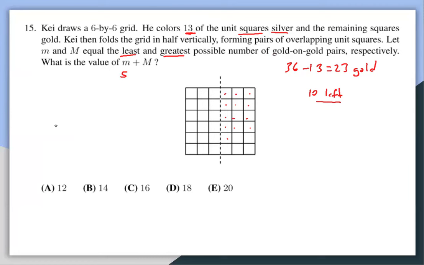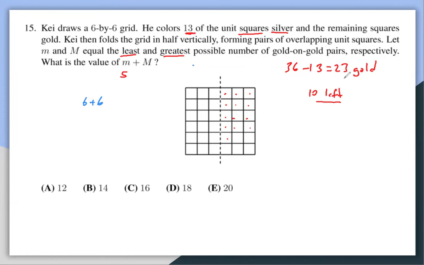But if you want to maximize this now, we want the largest number of gold-gold pairs, which means we want to make the silver ones match with the silver ones. But we have 13 silver ones, which means we can only have 6 and 6 silver ones to match, and then there will be one more silver left.